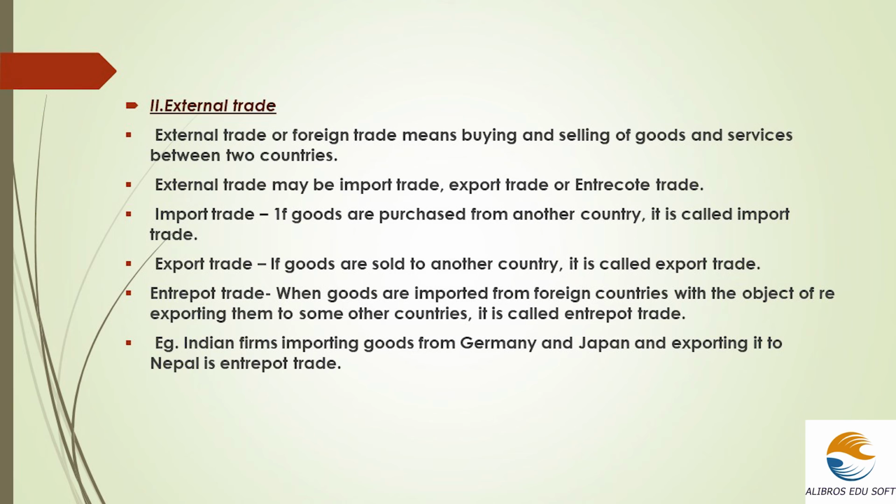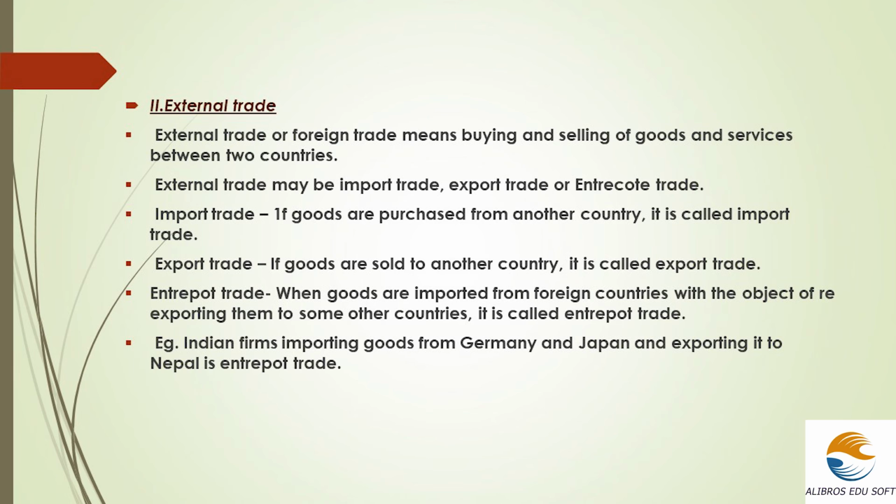First one is import trade. If we are purchasing goods from another country because we are insufficient in them, then that trade is called import trade. The same country may also export some goods to other countries, and that trade is called export trade.